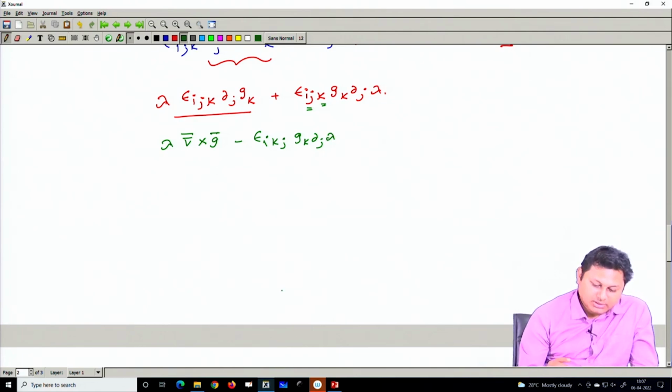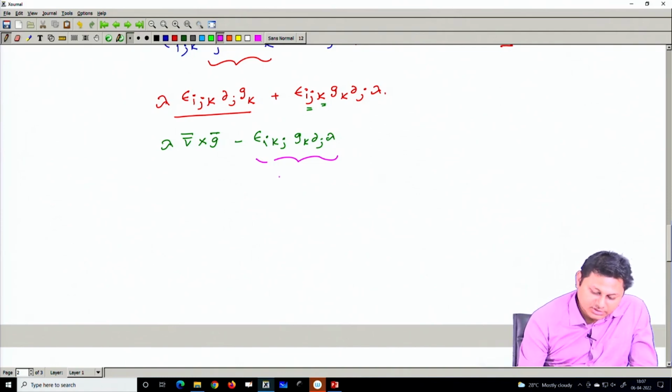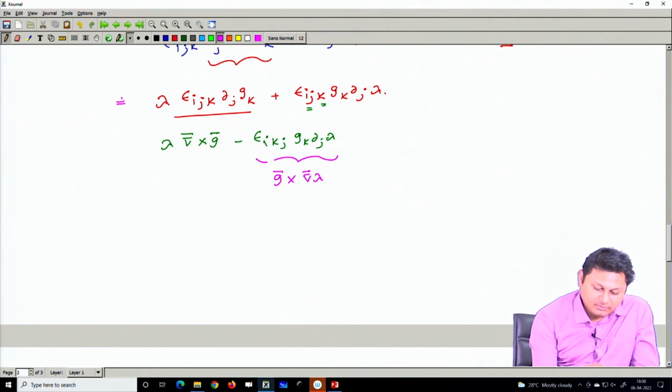If I do, then I can have an orientation here, and this orientation is curl of g, sorry, not curl, because here we have an orientation like g cross this quantity. This is the gradient of lambda.